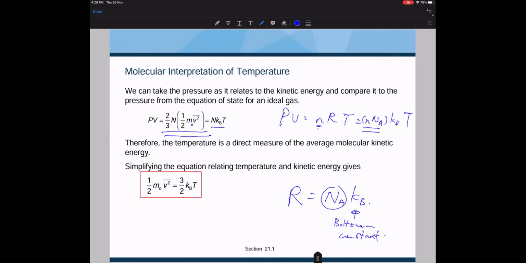And that is equal to N times Kb times T. So simplifying the terms, you would have here the average kinetic energy of the molecule, the average translational kinetic energy of the molecules.